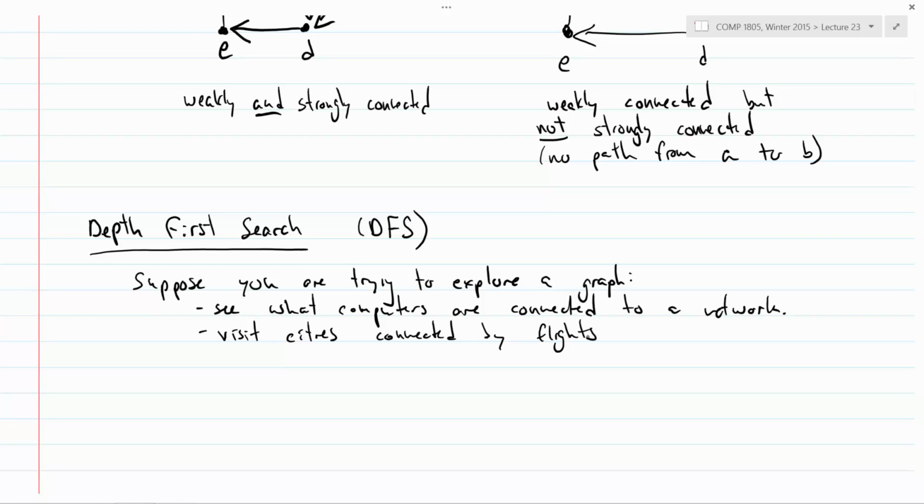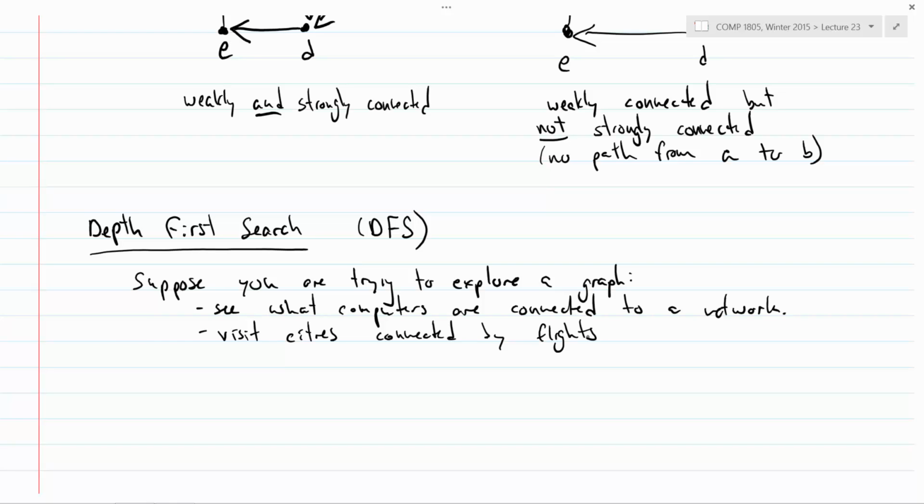You might have a vertex for every airport, and two airports are connected if there's a direct flight between them. And now you're an airline and you want to list all of these cities you can get to from some starting point. Well, you are going to have to walk around that graph, crossing those edges and somehow keeping track of what cities you visited before and which ones you haven't.